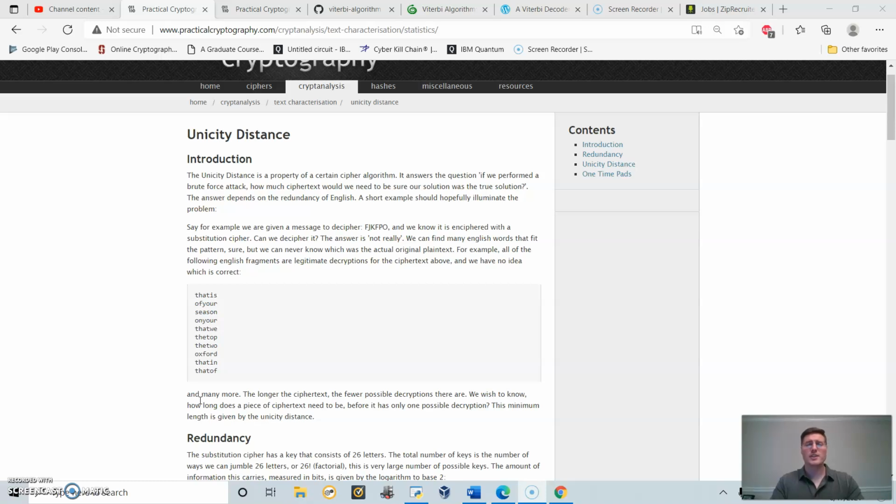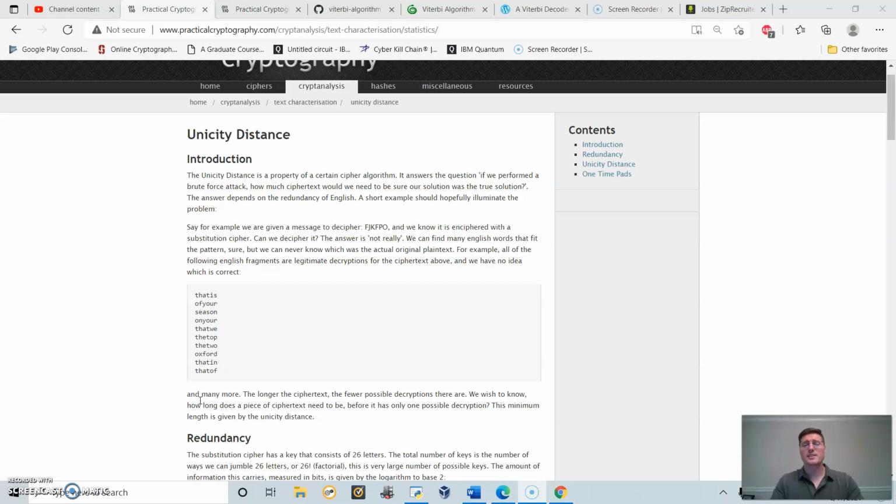However, the unicity distance is going to help determine the minimum requirement or workforce that we need in order to break the crypto system. And this is going to be a lower bound for us. Obviously, it can take more work, and we may skip over the results if we are not certain what we're looking at.